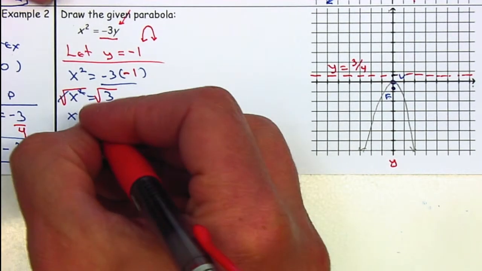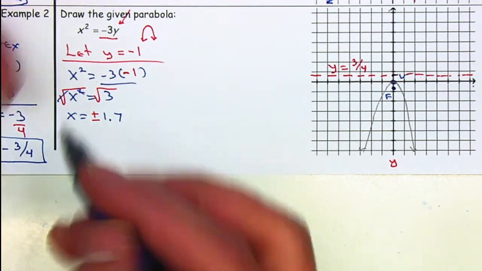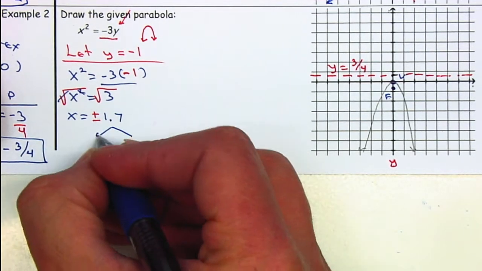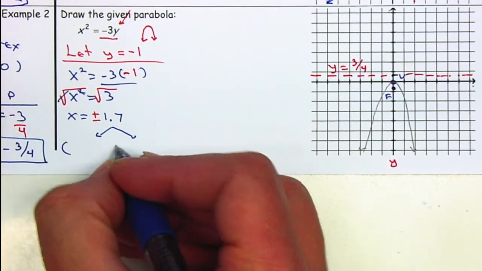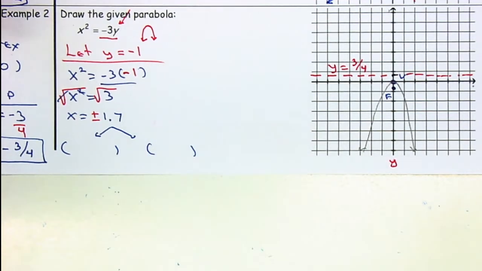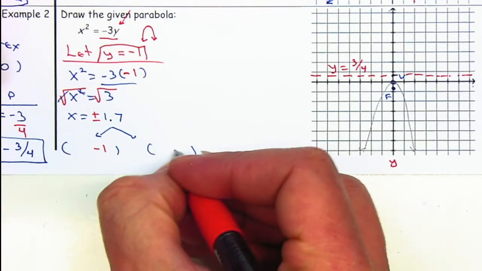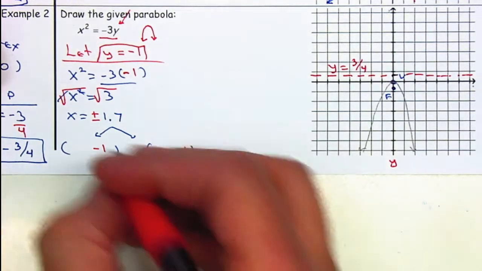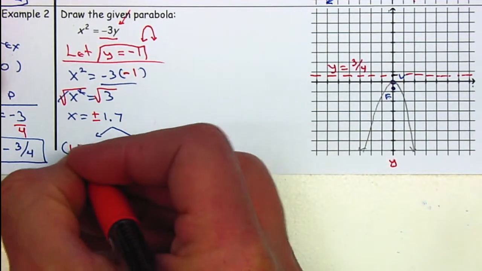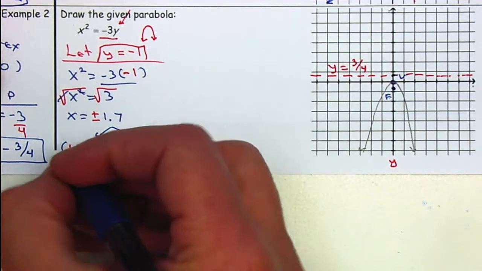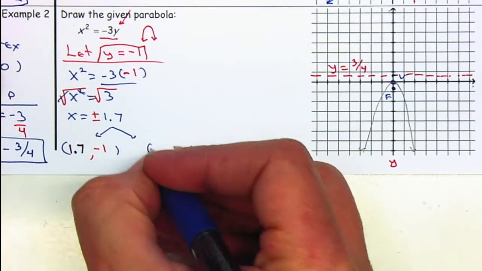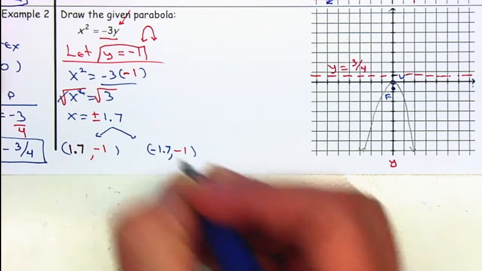And let's not forget our plus or minus. So that'll give me 2 points. Both of the points, the y is negative 1. The corresponding x value, one of them is 1.7. The other one is negative 1.7.